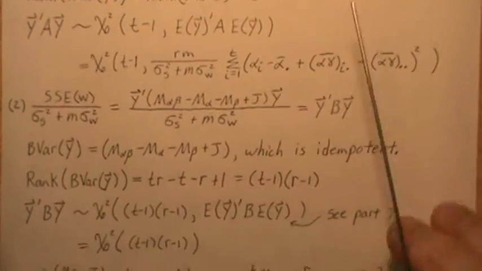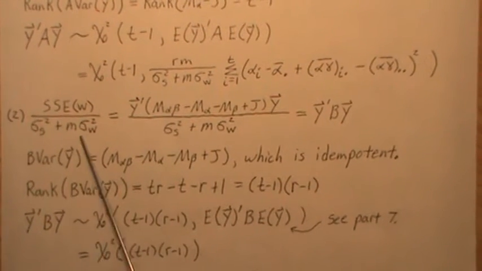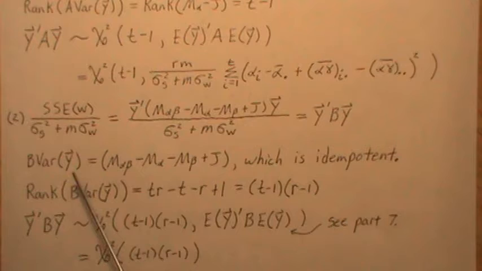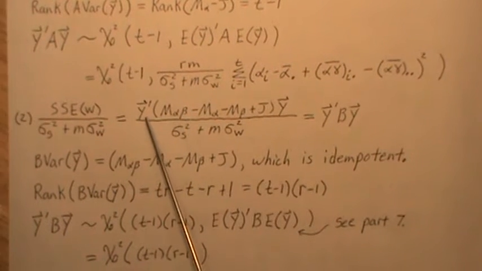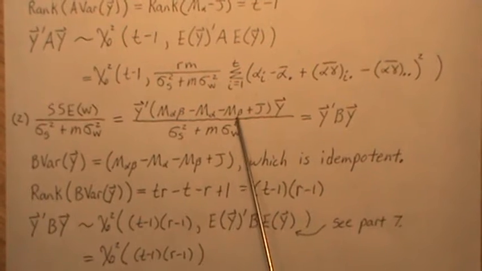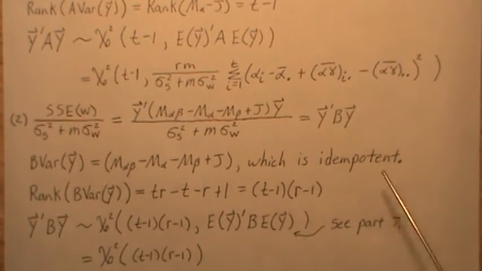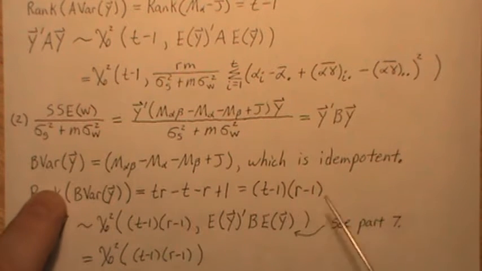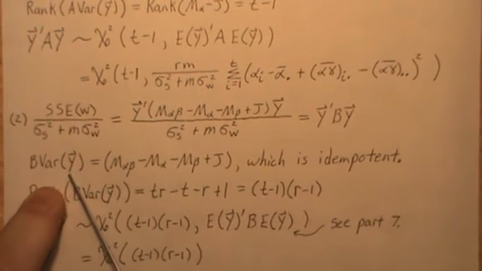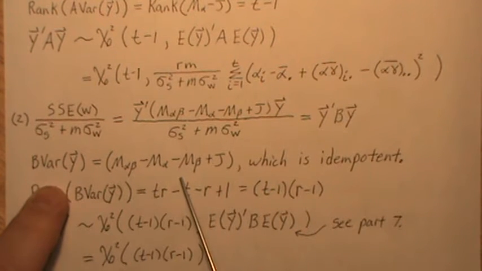Now, if we look at the sums of squares error for whole plot divided by this constant here, it is this. And if we just generically call this middle part B, then this is a quadratic form. And then we have to show that B times the variance of y is idempotent, which we did in part 4.